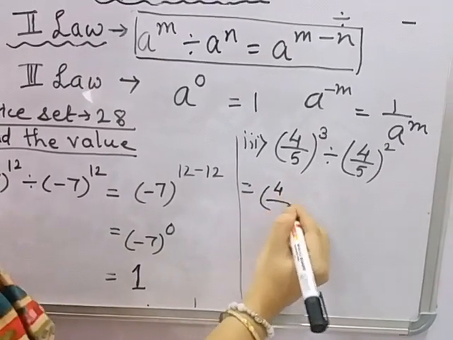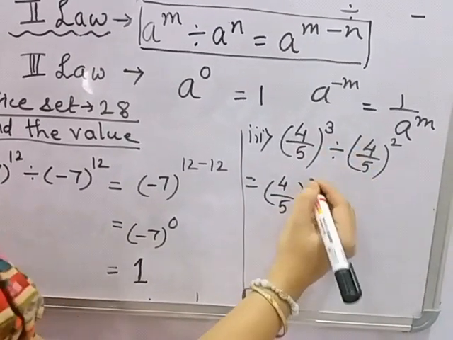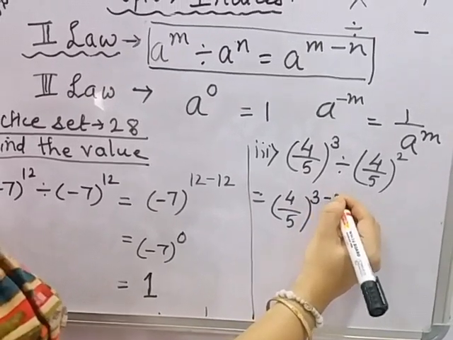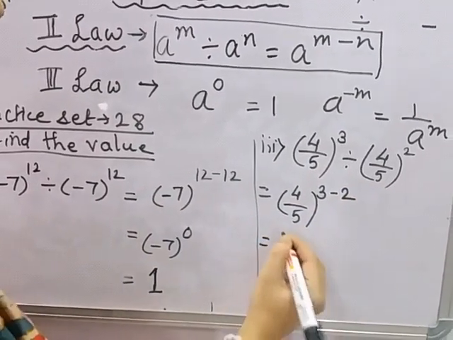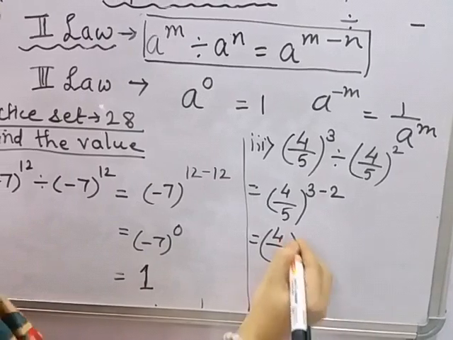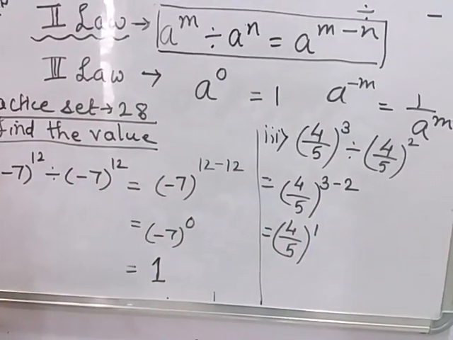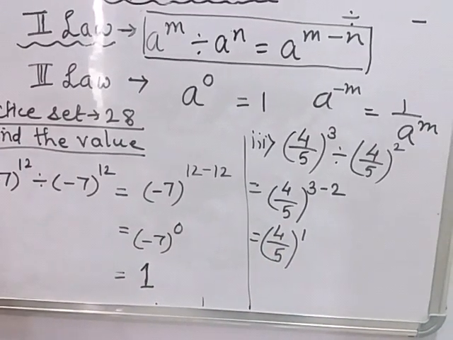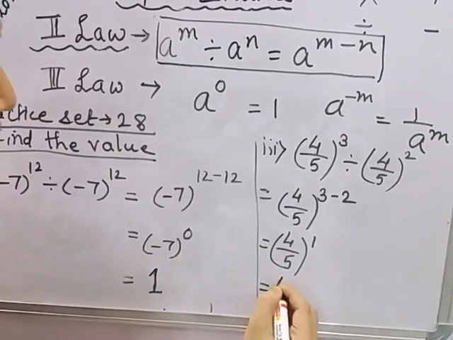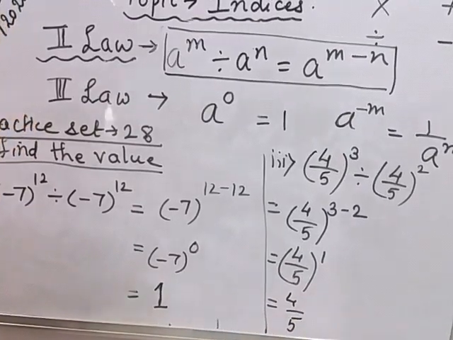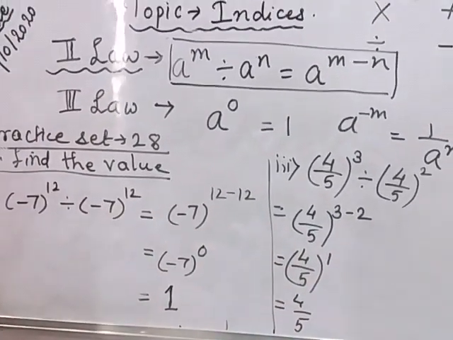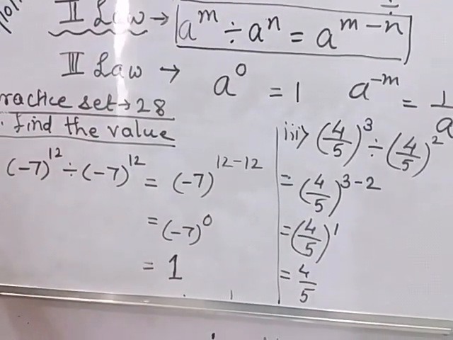So let's take 4 upon 5, same base, different indices, subtract them. So we get 4 upon 5 raised to 3 minus 2, which is 1. Tell me what is the value of this? Yes, it is 4 upon 5 itself, because we are writing it one time. The same answer we are going to get.